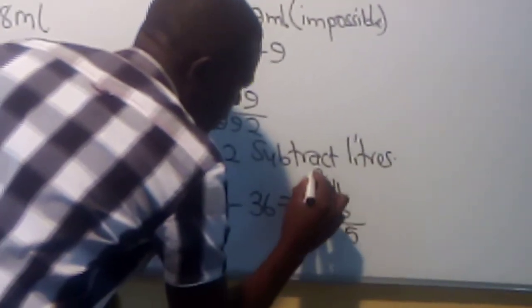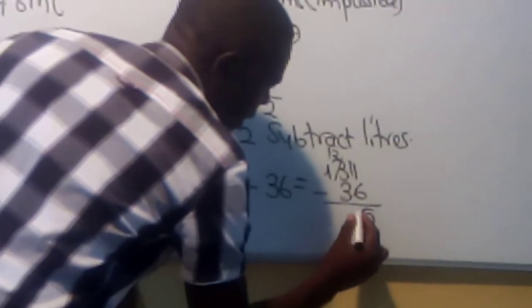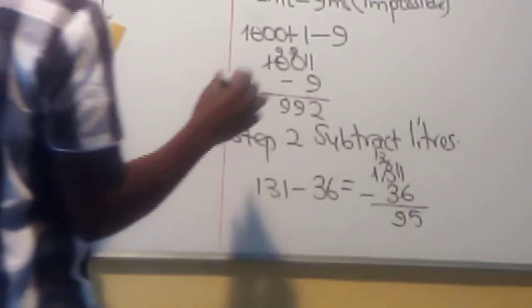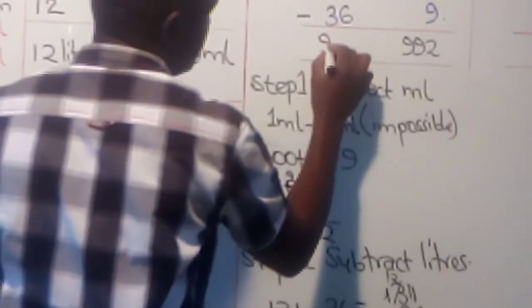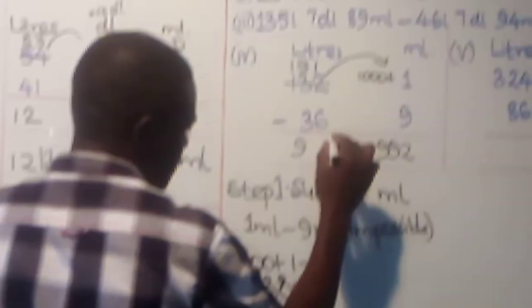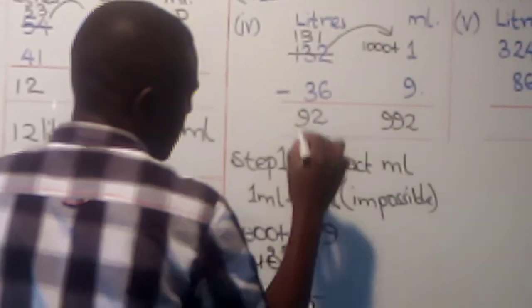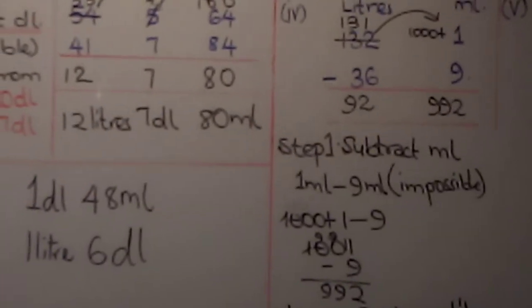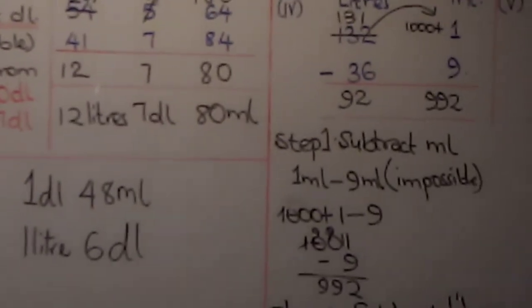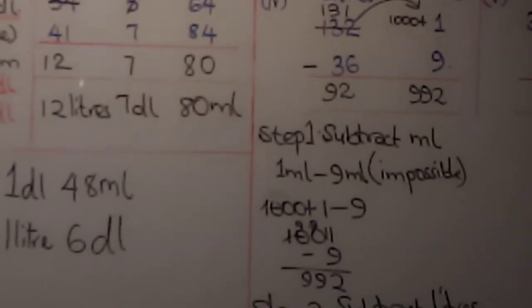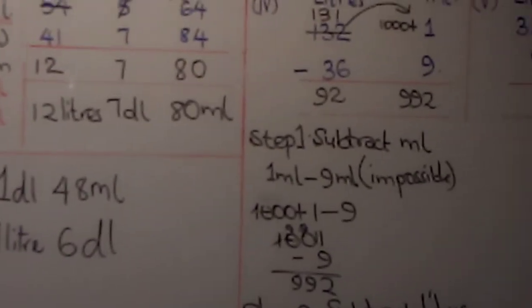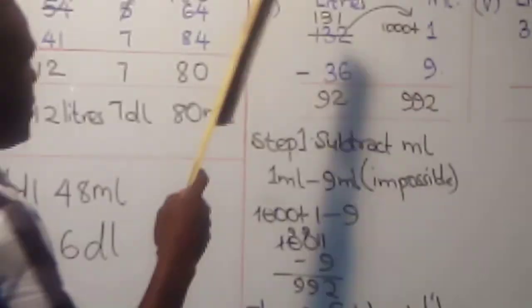And now here 12 minus 3 is going to be 9. So we will record 92 liters. So our answer is 92 liters, 992 milliliters. And that is how we work this one out.